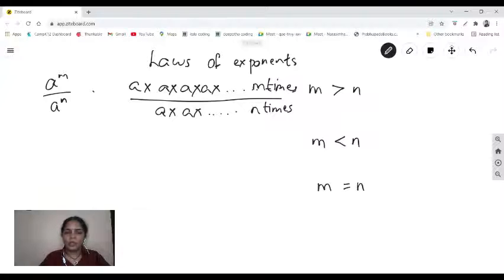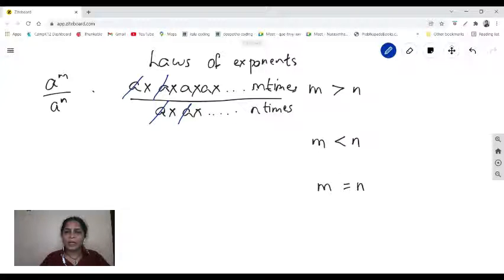When you know that the top has many a's multiplied, and you have a lesser number of a's multiplied at the bottom, we know that by using the fraction multiplication, this can be cancelled with this and this can be cancelled with this. It goes on like that.